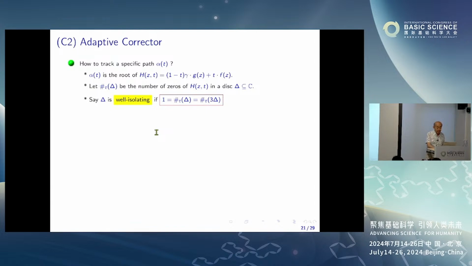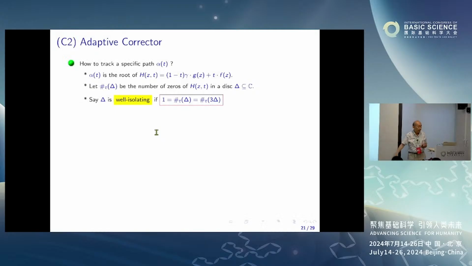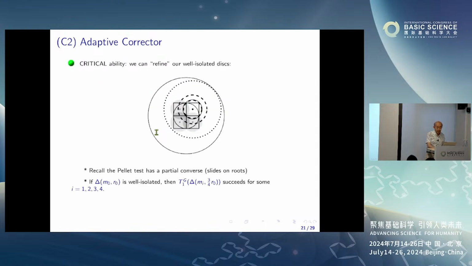Point to get to the final point. And the point, very sort of a very strong property you get from this test using our soft palette test is that now you can refine your well-isolated disk.